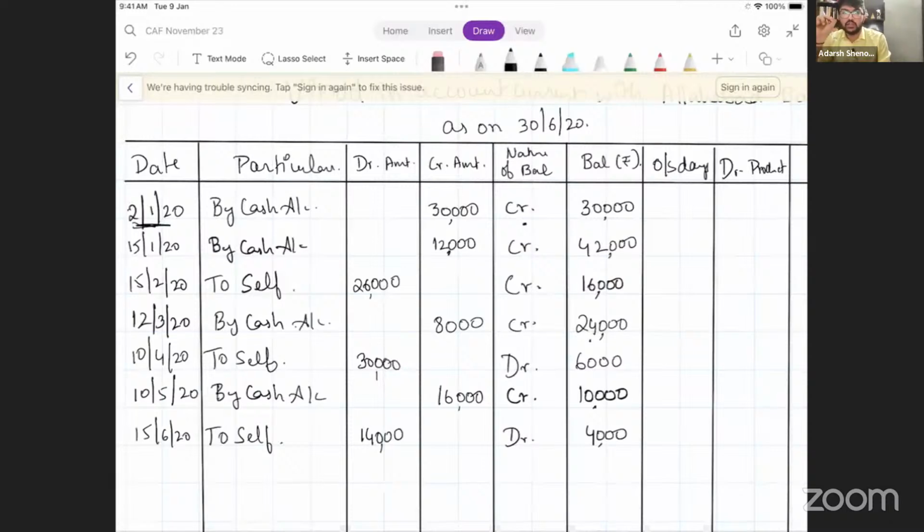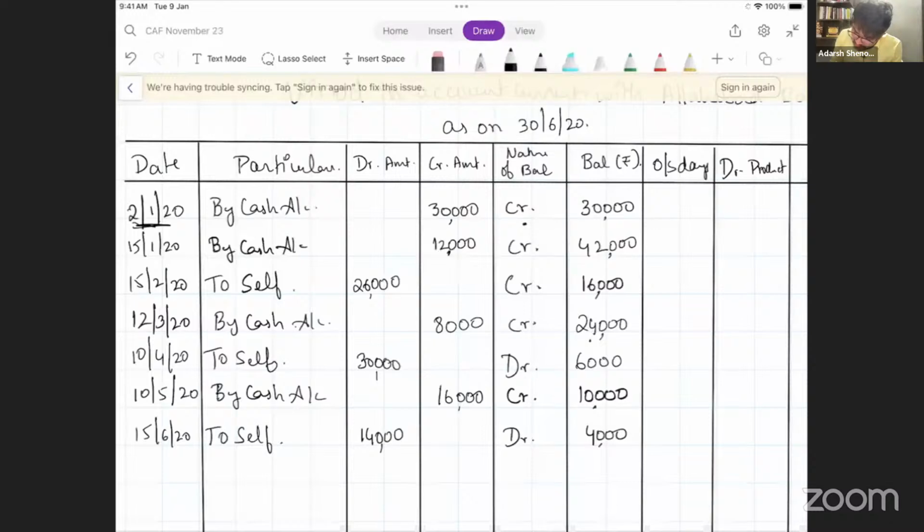Generally, under the old format, we were calculating interest on each transaction. But under this method, it is not like that. This method is known as the product of balances method. This is what the bank follows. So we have to calculate the product on the balance, interest on the balance.